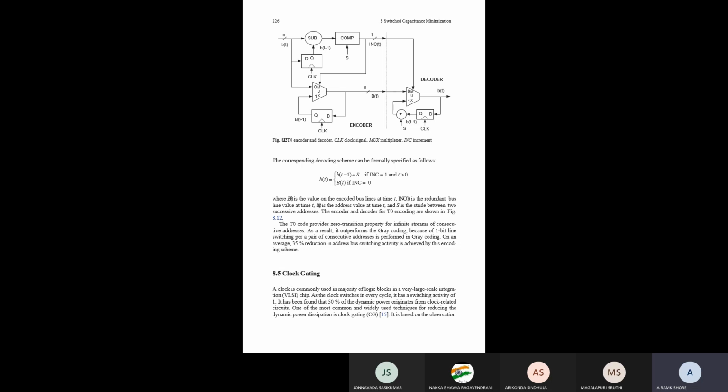These clock signals are commonly used in the majority of logic blocks in a very large scale integration chip.